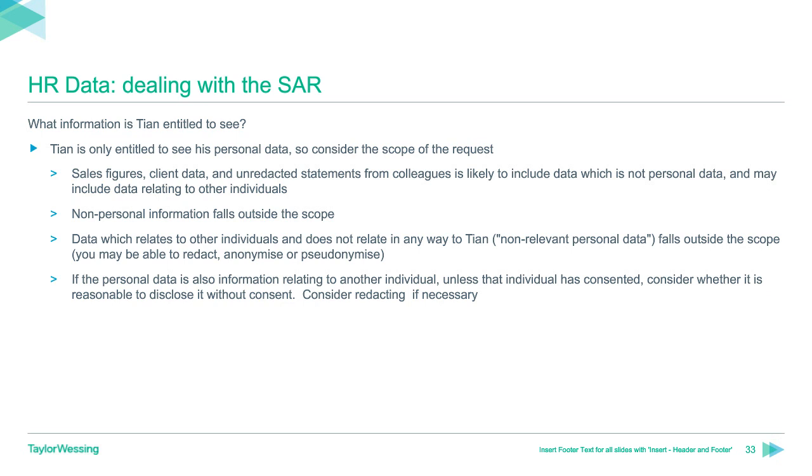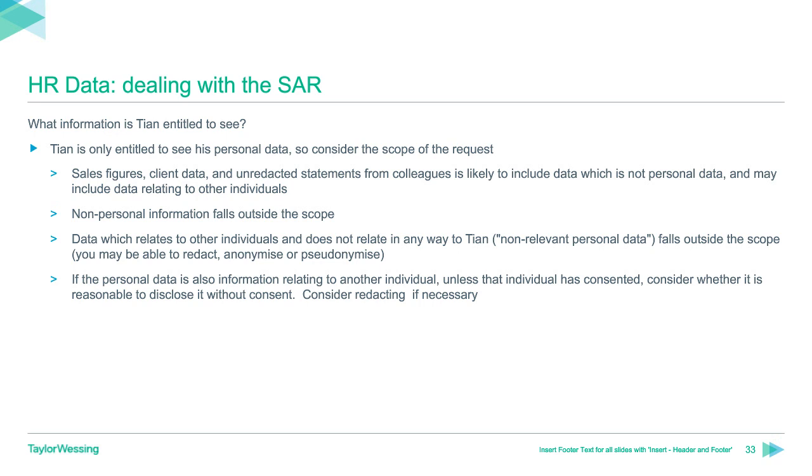So in this scenario, Tian asked for, amongst other things, sales figures and client data and unredacted statements as well. Now, it's likely to include data that isn't personal data, and it may include data relating to others. So non-personal information falls outside of the scope of the subject access request, no obligation to disclose it here.